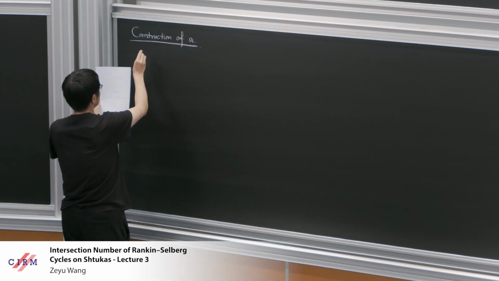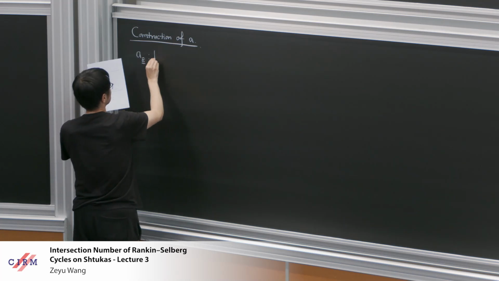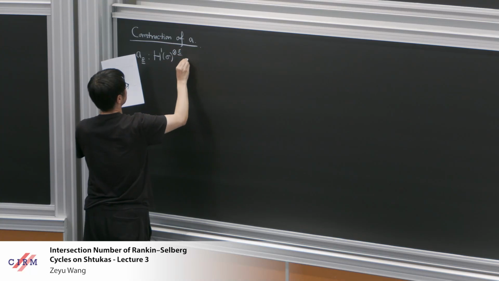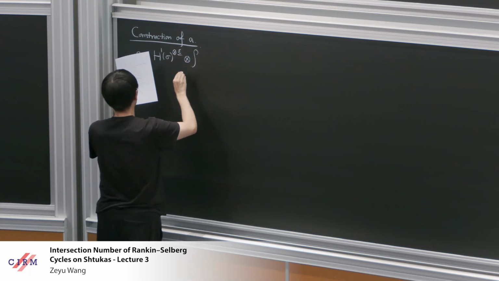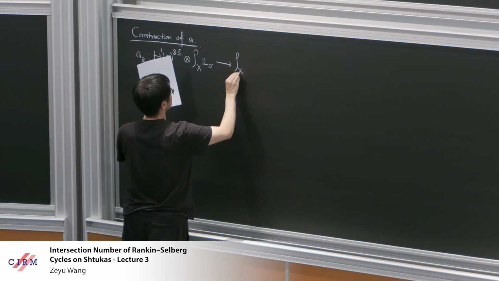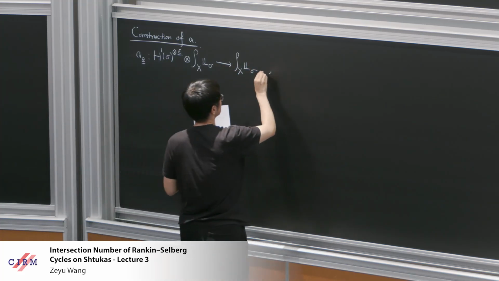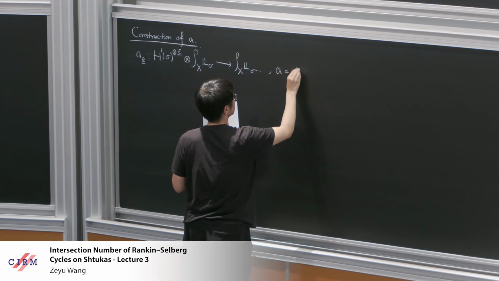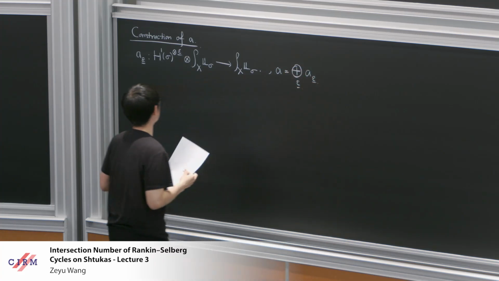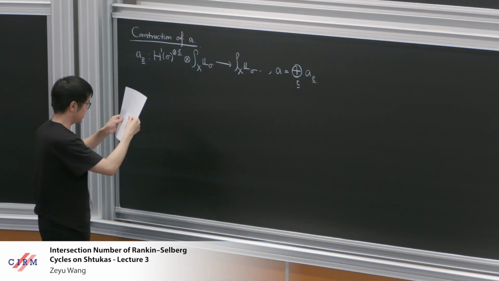Last time I constructed this A epsilon underline, which is a map from H1 sigma tensor the epsilon's power and times this integral to the integral. And A is just a direct sum of all the epsilons. So how is this constructed?